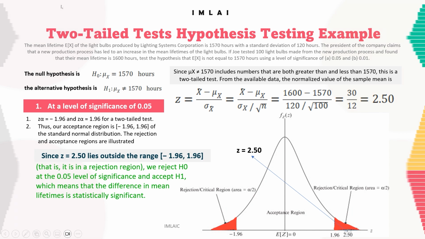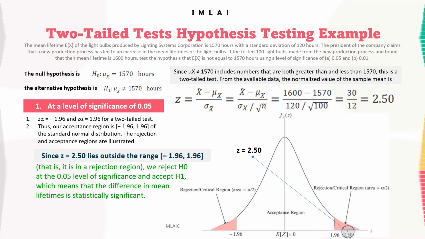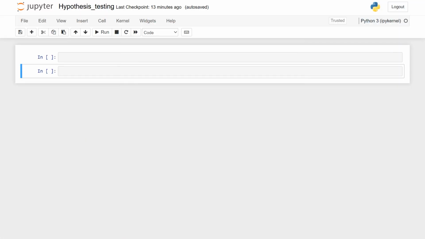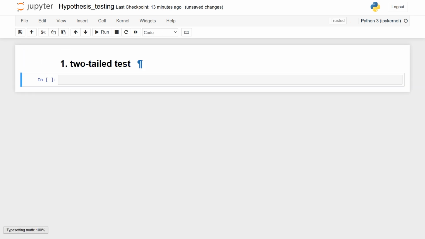Let's try to put it in code. Let's write a piece of code and use Python to solve this. Two-tailed test. The first one is the 5 percent level of significance.